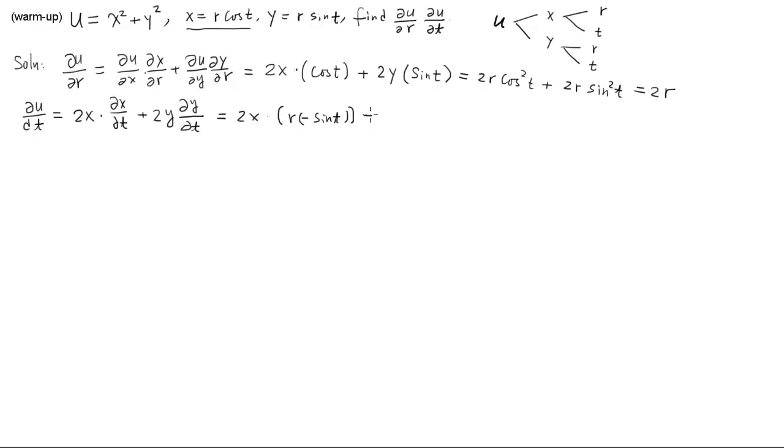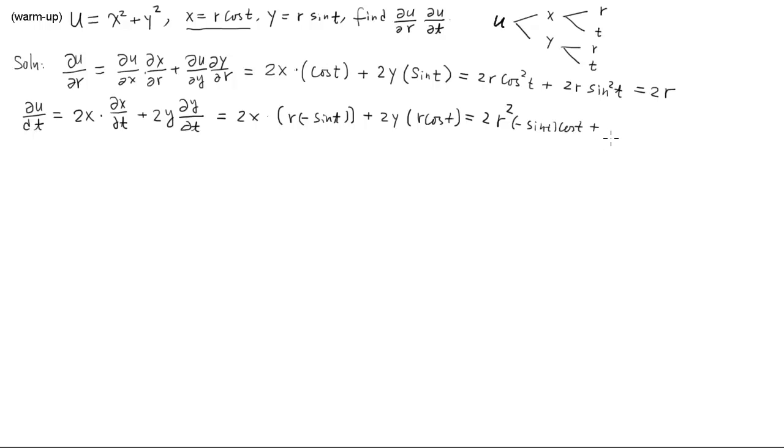And then we have 2y, and then the derivative, this part is going to be cosine t. Okay, and if we plug them in, then this is what we can have. We will have 2r, and x is r cosine t, so it's going to be 2r squared, and we have negative sine t and cosine t.